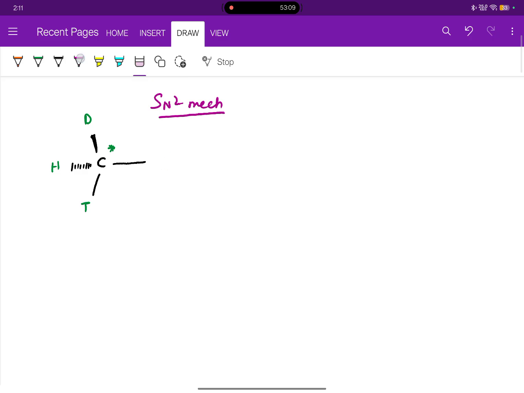We always make bromine go out. The attacking group would be OH minus. From where did we attack? From the rear side, correct? I am taking this as the plus isomer.